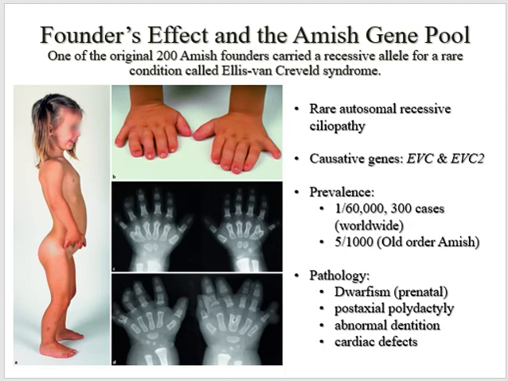One of those individuals happened to carry this recessive allele for this condition, and because of their cultural practices, the fact that you had these pre-existing factors as far as small population size, this disorder has been able to become highly present and nearing towards fixation in the population.